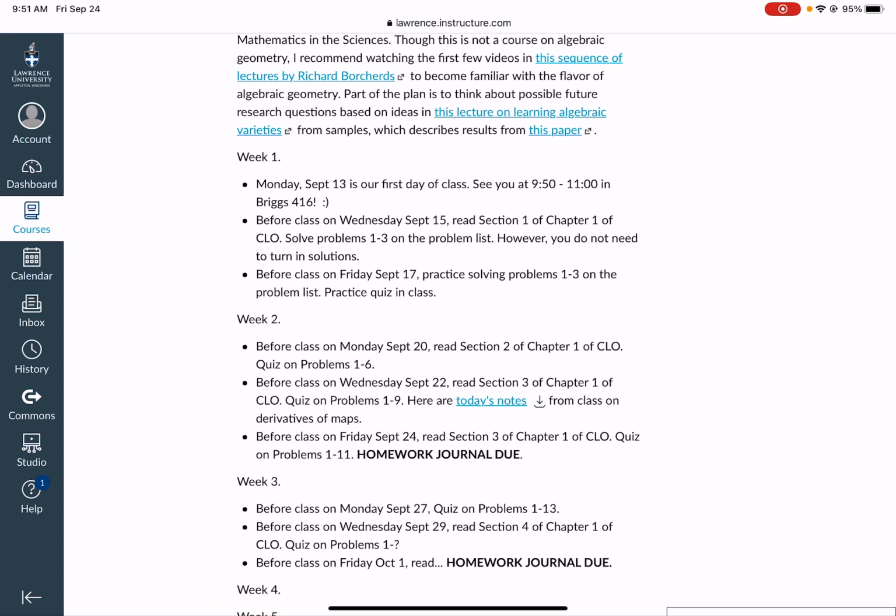So for Monday, we're going to slow down and still do basically the same problems. I added one more problem on derivatives, aka tangent space and normal space calculations.